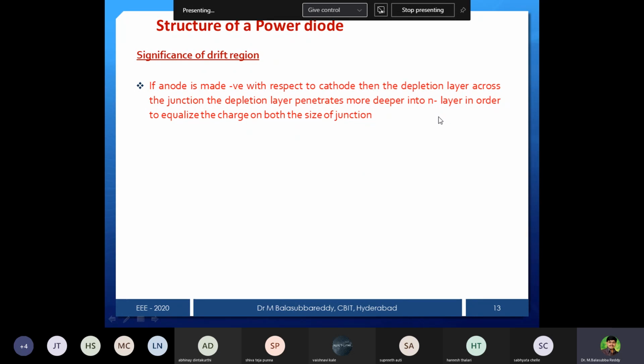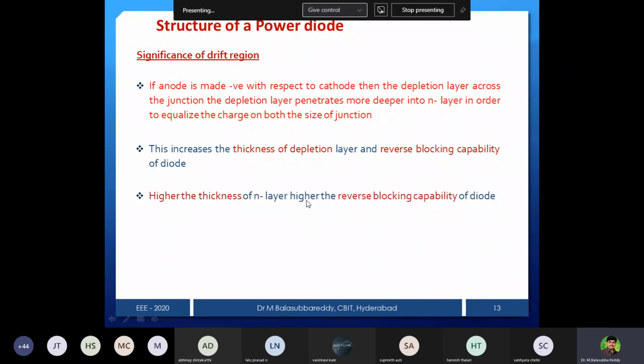That is one of the concepts here. So this increases the thickness of the depletion layer. Then what is the advantage of increasing the thickness of the depletion layer? That will be the reverse blocking capability of the diode. Automatically the blocking capability of the diode will increase.